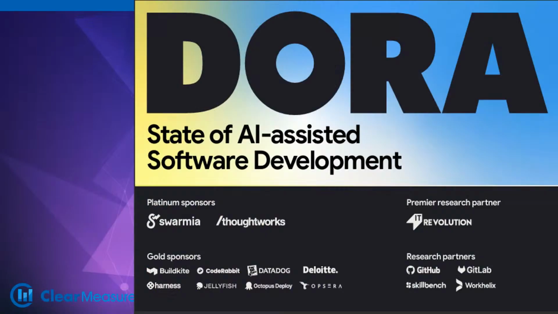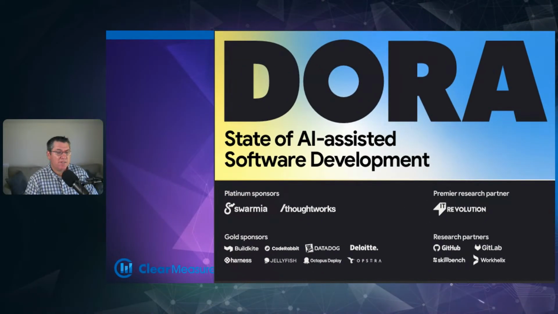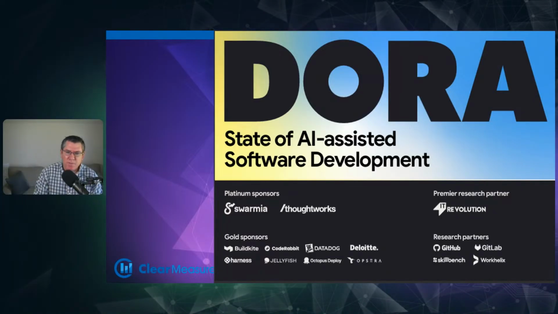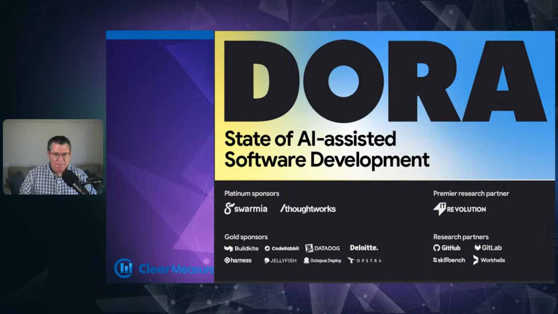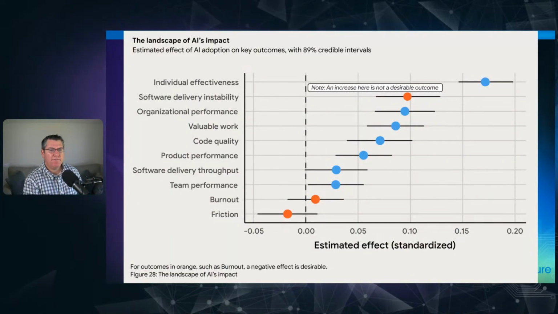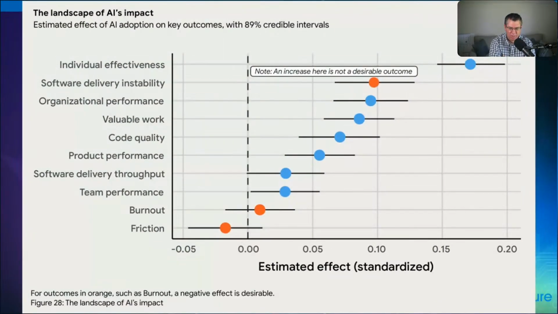All right, I do want to call your attention to the DORA State of AI Assisted Software Development Report for 2025, and Octopus Deploy is one of the gold sponsors for that report. And I'm just going to pull up a little bit of what was in that report. Now, this is 2025. There's also some reports from 2024.